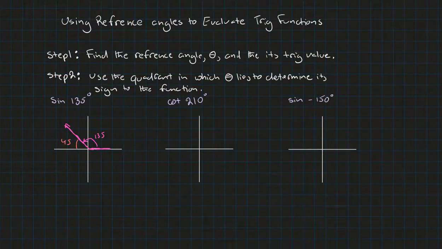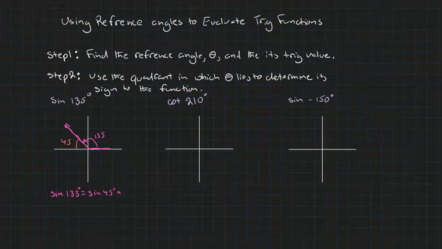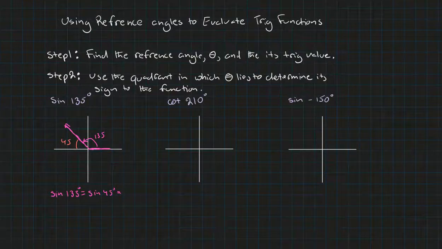Well, if you don't know what sine of 135 is, we can now say that sine of 135 is actually equal to sine of 45 degrees. As long as we know what sine of 45 degrees is, it's going to be the same. Sine of 45 is square root of 2 over 2.